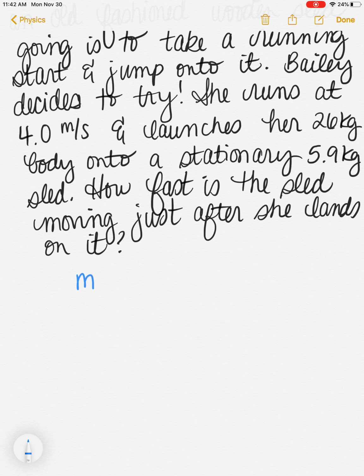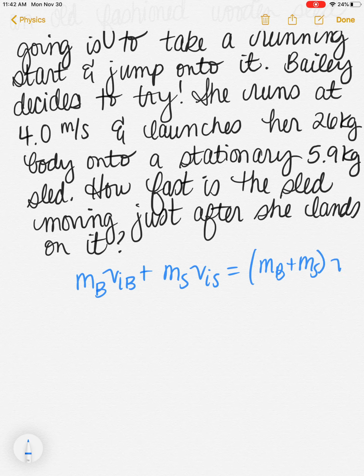All right, so in the beginning, we have the mass of Bailey times the initial velocity of Bailey plus the mass of the sled times the initial velocity of the sled equals. This is an inelastic collision, a perfectly inelastic one, because Bailey and the sled are together moving with one final velocity.